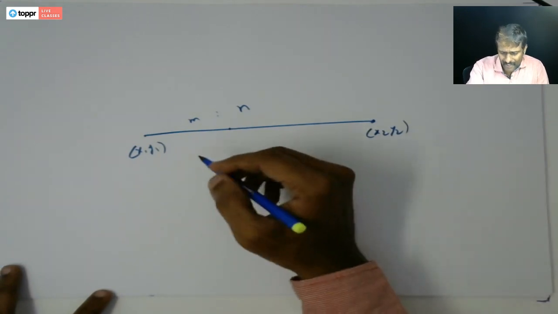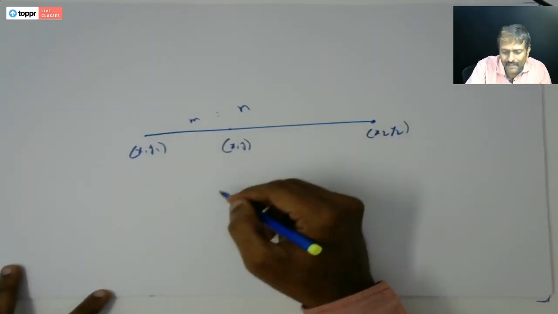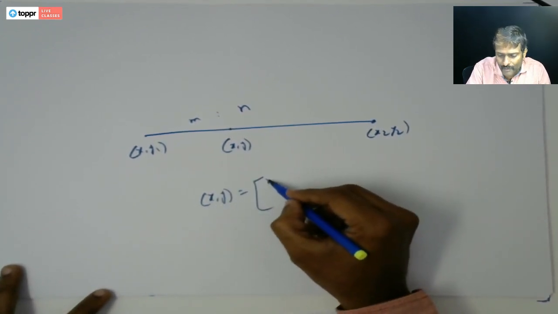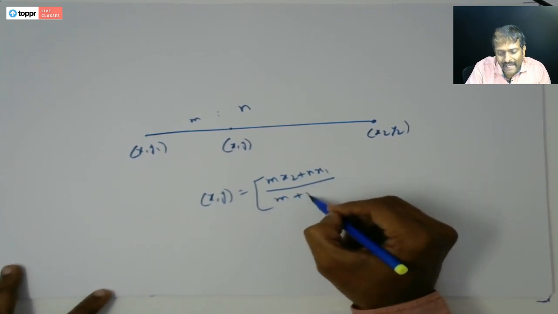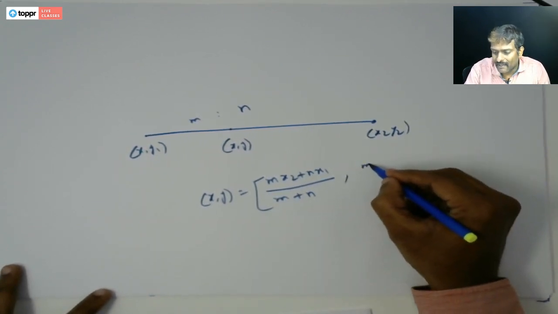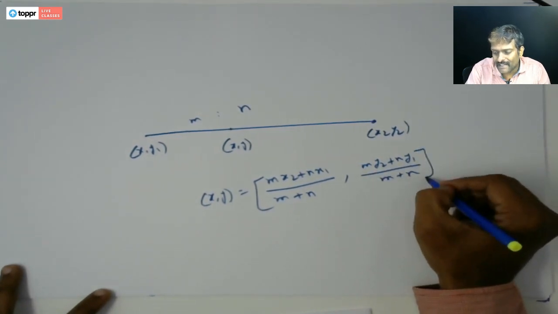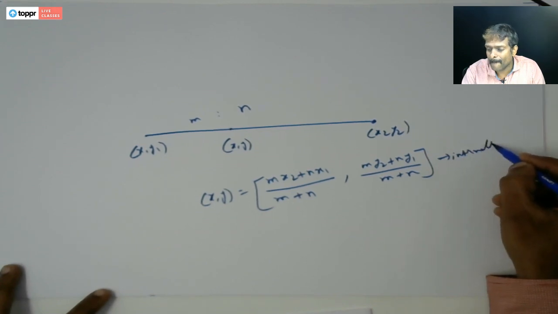So this formula is very straightforward. If I call this point x comma y, then x comma y is given by (mx2 plus nx1) by (m plus n), and (my2 plus ny1) by (m plus n) when it is dividing internally.